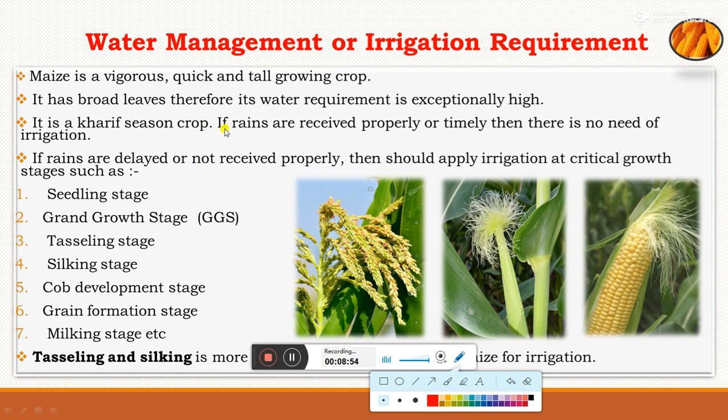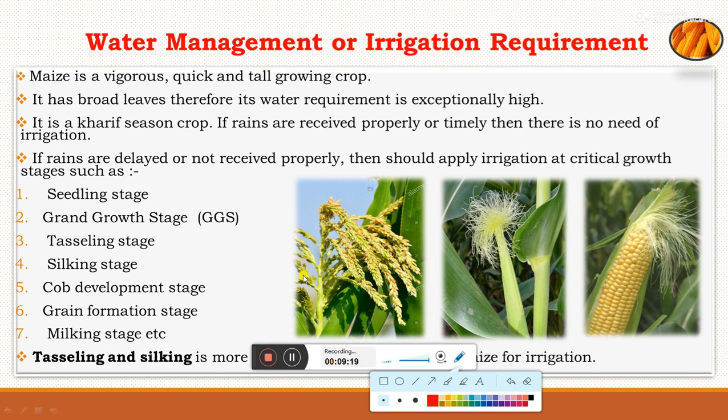If rains are received late or not received properly, then irrigation should be applied at critical growth stages such as the seedling stage, then grand growth stage, that is GGS, and the tasseling, then silking stage, then cob development stage, grain formation stage, then milking stage. Among all stages, the most critical or more sensitive stages are tasseling and silking for irrigation.